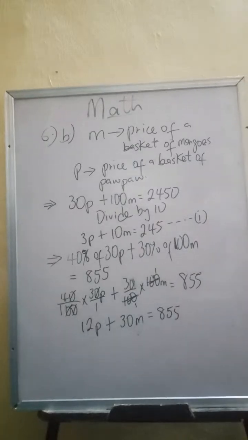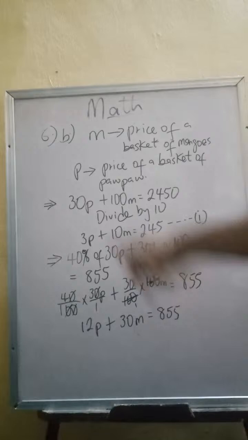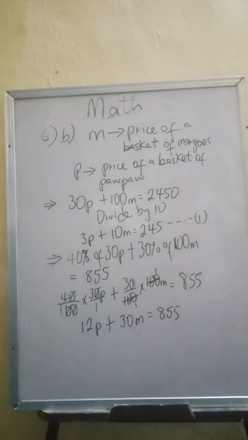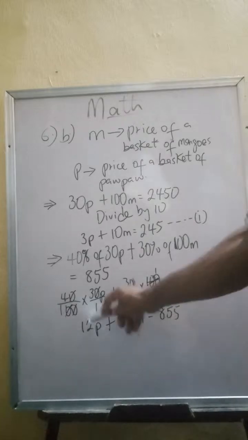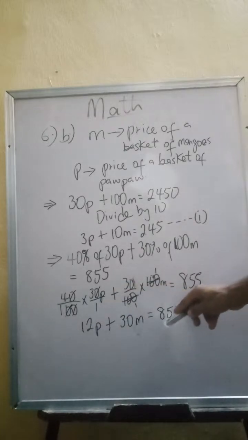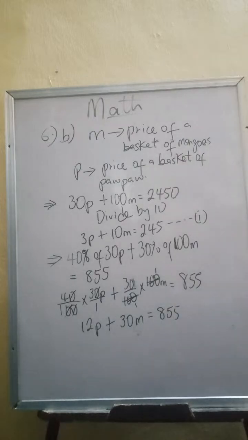Now you could equally reduce to the lowest terms. And if you observe, 3 can go into 12, 3 can go into 30. Will 3 go into 855? Now here's how you know. Use the rule of divisibility. For 3, to know if a number can be divided by 3, first you sum the digits of the number.